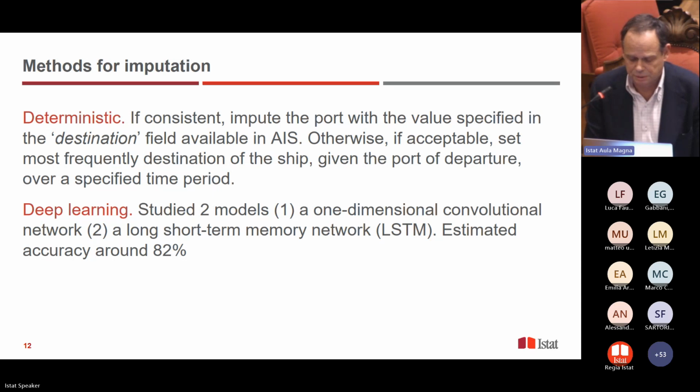So we did some experiments with a one-dimensional convolutional network and a long short-term memory network. In the first experiments, the estimated accuracy is around 82%. So we are quite happy about that. And we have to understand how to use these two methods integrated in a pipeline. But anyway, we developed these methods.